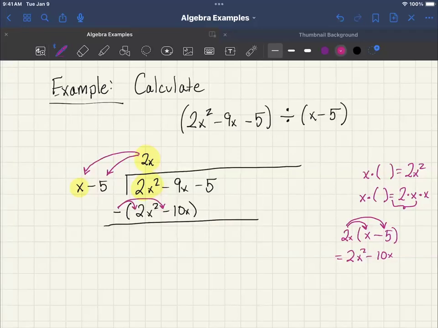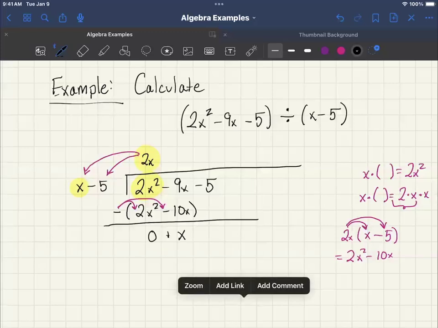So we're going to have 2x squared minus 2x squared, so that's going to give us 0. And then we have our minus 9x minus a negative 10x. Double negatives, which means you add. So it's minus 9x plus 10x, which gives us a positive x. And now, whew, that is the hardest part.